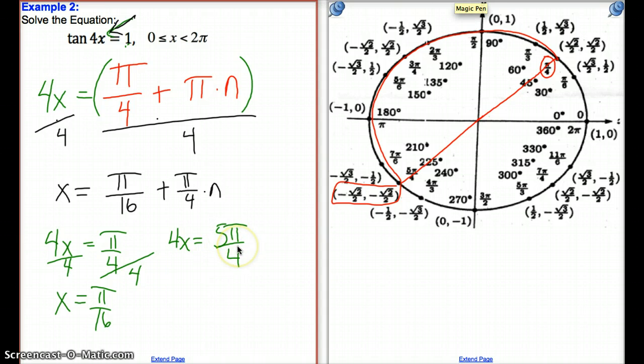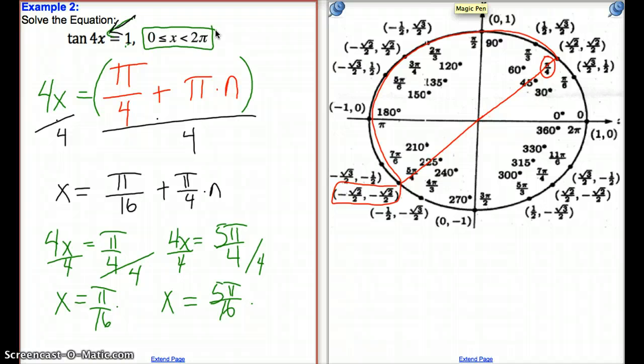Because that's another potential answer. Well, I divide both sides by 4. See a common thing here? It looks like I'm dividing by 4 again. 5 pi over 16. I check my answers because I don't want to go too far. I see pi over 16 and 5 pi over 16. And I check, okay, have I gone past my range of 0 to 2 pi? Looks like I haven't. Pi over 16 and 5 pi over 16 are both well within that range.